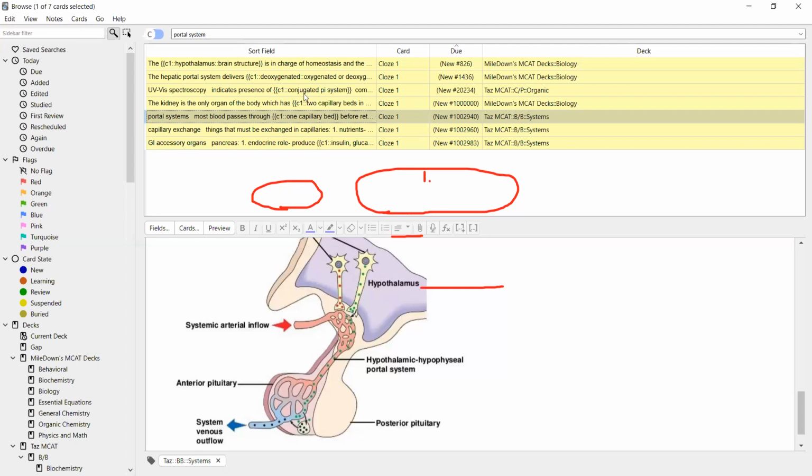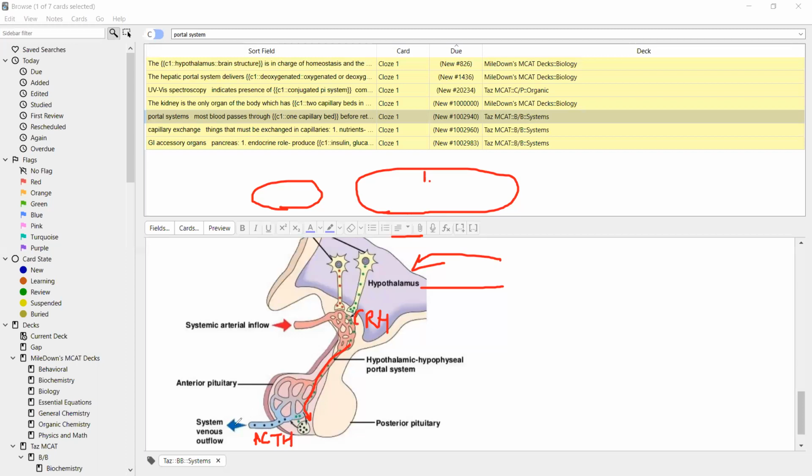So essentially, let's say there's some stress response. Now the hypothalamus is like, okay, we're stressed, I'm going to produce CRH, corticotropin releasing hormone. CRH travels down here, and when it comes to the anterior pituitary, it says, wow, I just got CRH in here, that means I need to release ACTH.